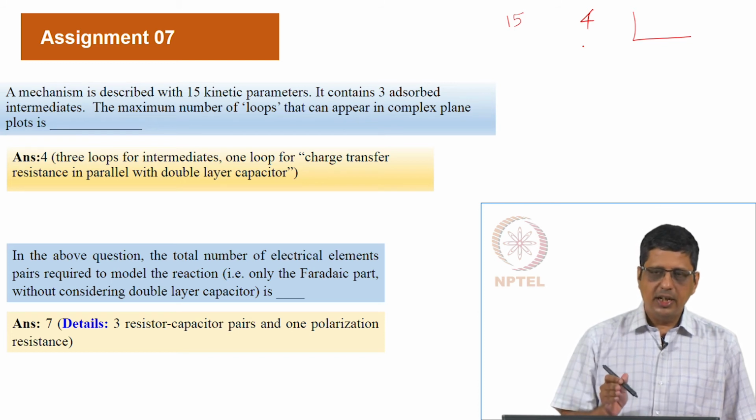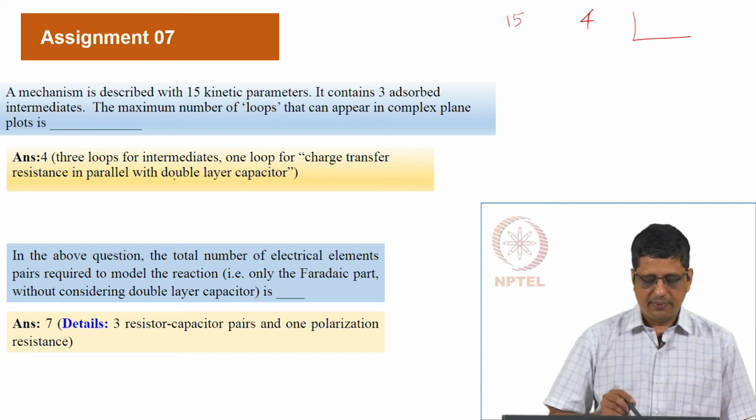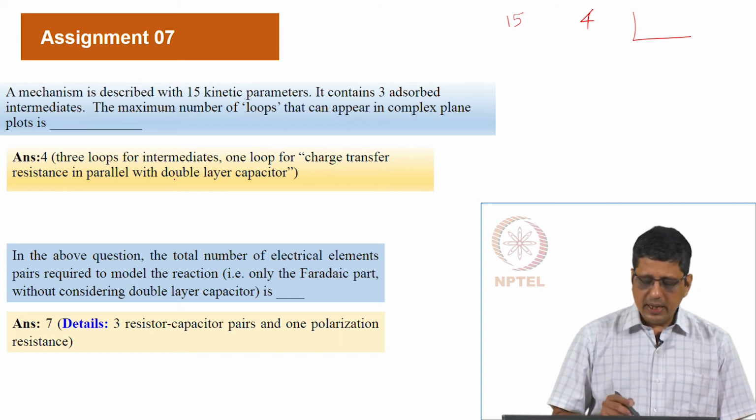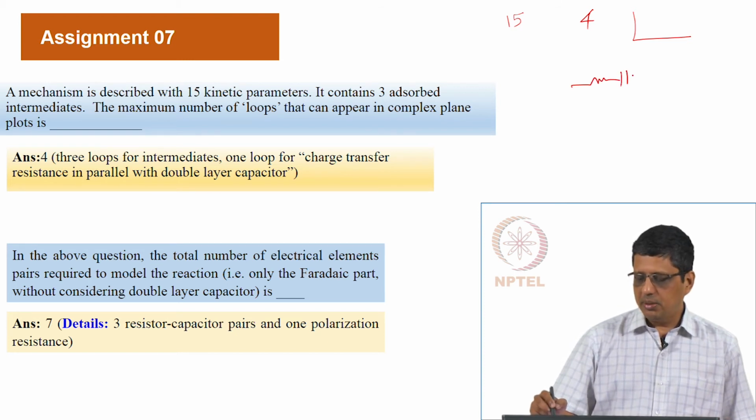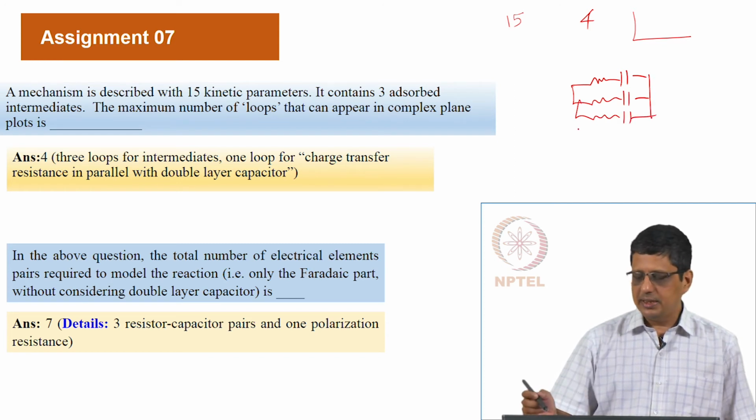Each adsorbed intermediate corresponds to a time constant, and then in addition we have charge transfer resistance and double layer capacitance. Now, how many electrical elements are required to model this? We have 3 adsorbed intermediates, which means we have 3 Maxwell pairs or equivalent pairs, and then 1 polarization resistance.